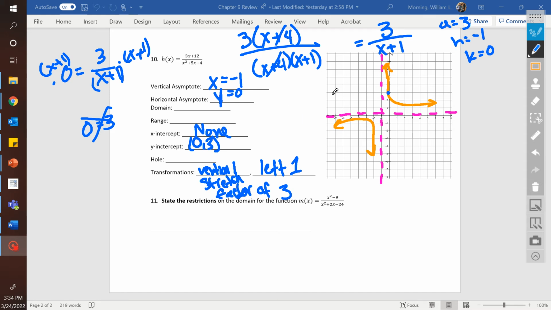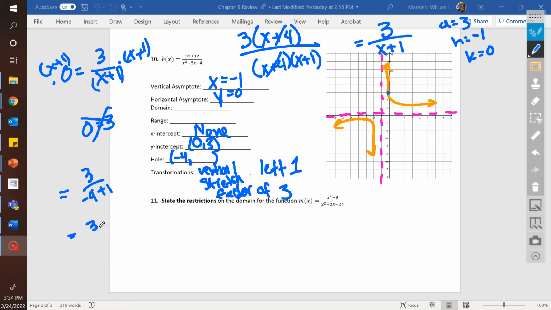Let's take a look at where the holes are. There's actually going to be a hole at -4, because that is where we crossed off the factor x plus 4. So x plus 4 makes the original denominator equal to 0. We cross that factor off, but it still makes the denominator equal to 0, so it's still an undefined value. So we're going to plug -4 into our equation to see where that is.